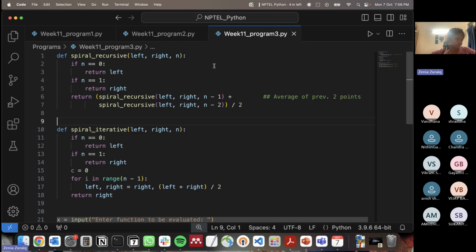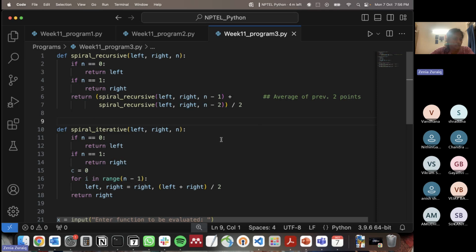Any doubts? I don't see any doubts. We can go to the iterative part.